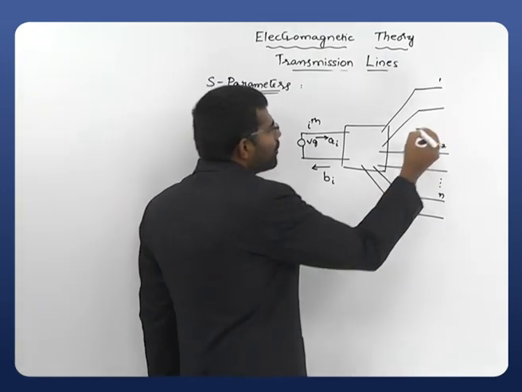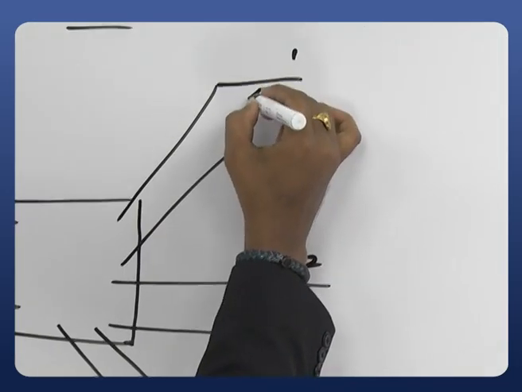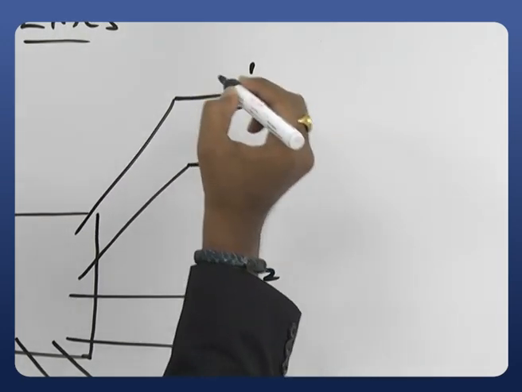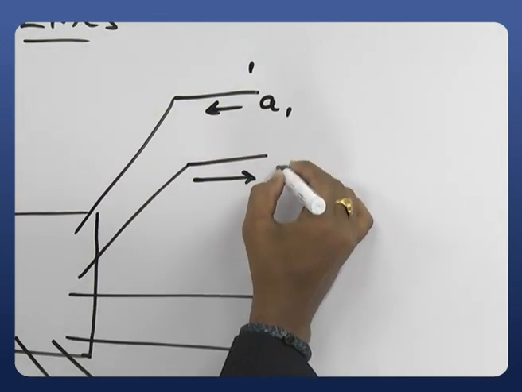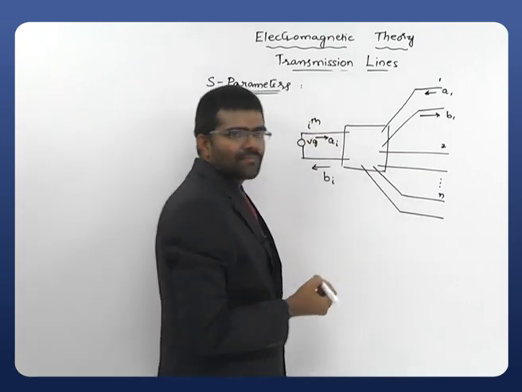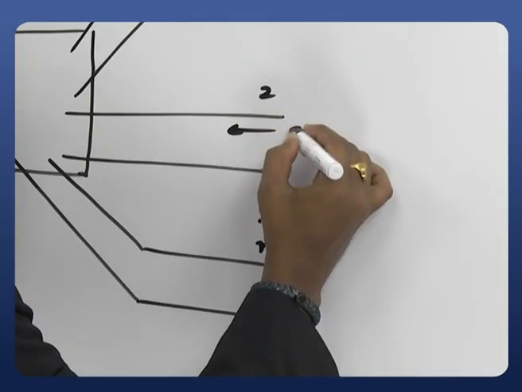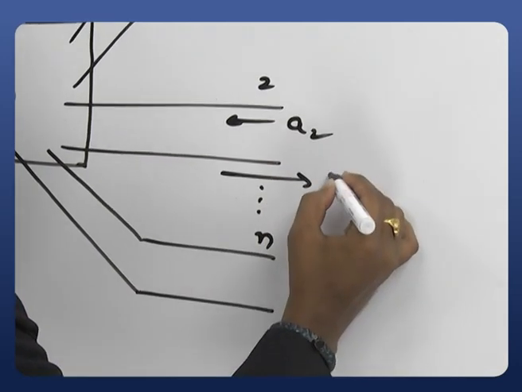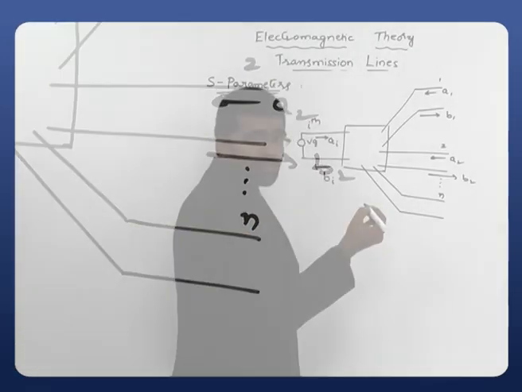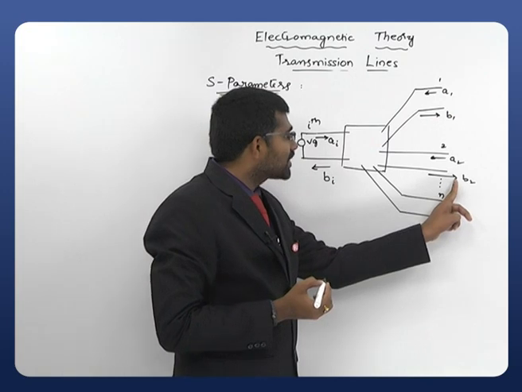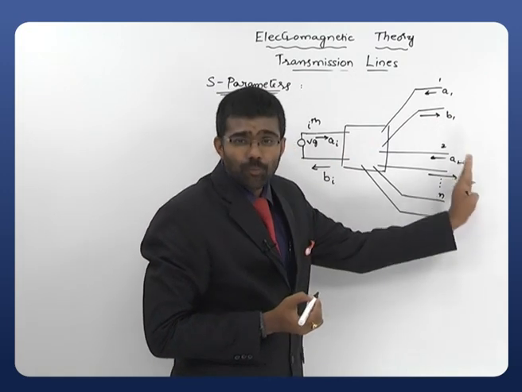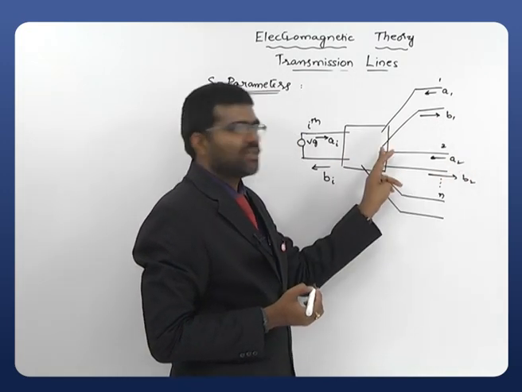Similarly, let us take the wave applied to the first port is A1 and scattered from the first port is B1, and applied to the second port is A2, scattered from the second port is B2. Clearly remember the directions also. Here this is scattered, it is moving away from the port. This is moving towards the port.